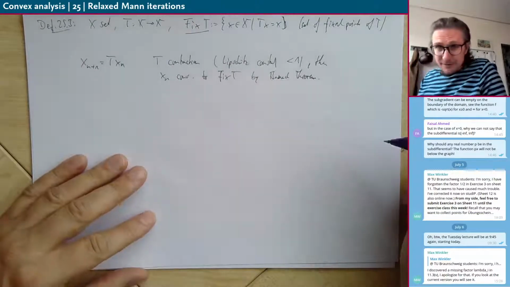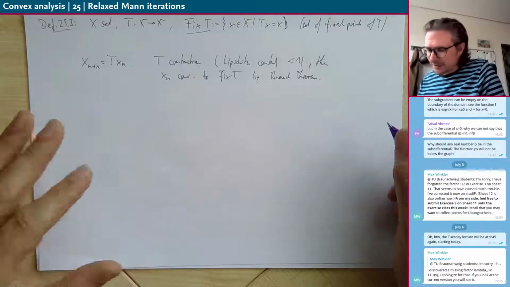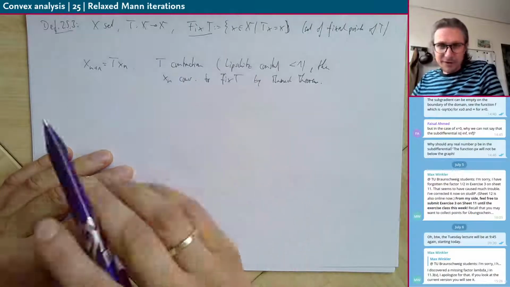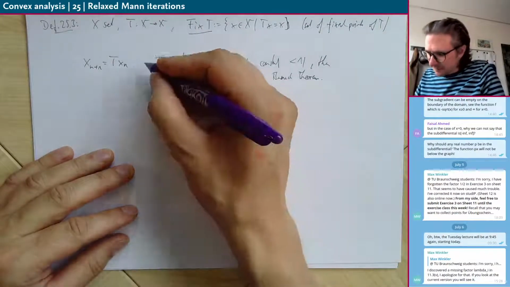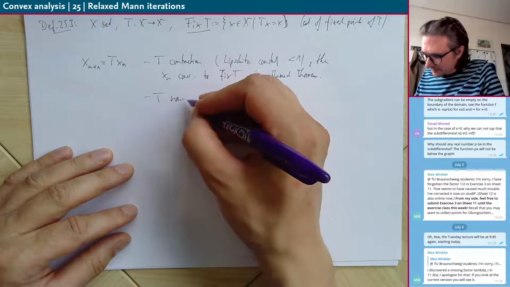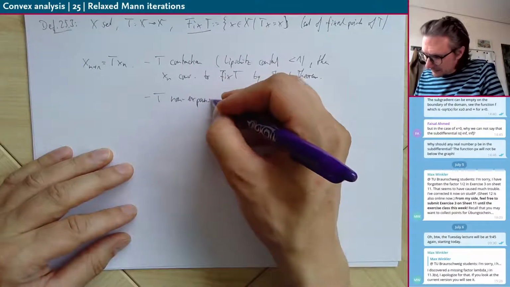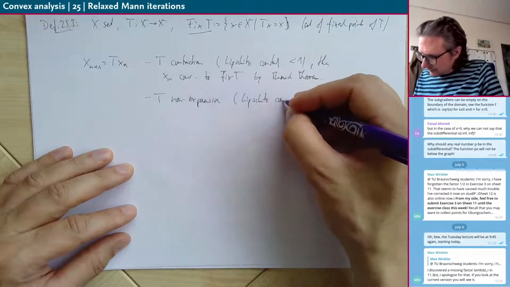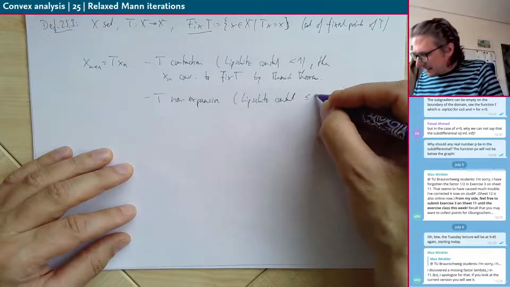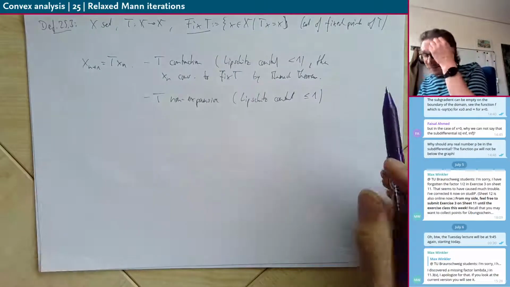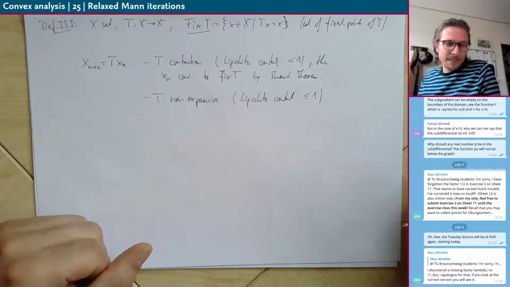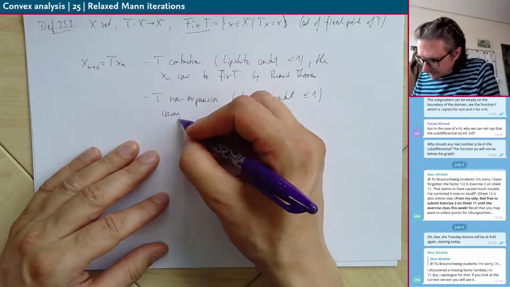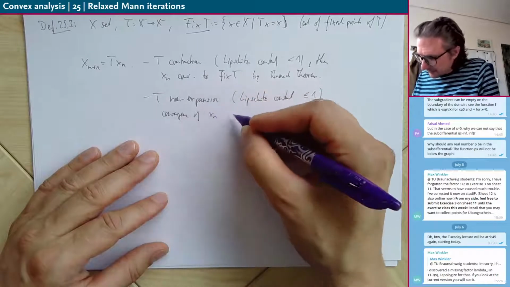But the thing is, in our context here, most of these operators T, which you can construct and will be helpful for algorithms, are not contractions, they are merely non-expansive. So if T is non-expansive, so Lipschitz constant, well, technically smaller or equal to 1, but of course the interesting thing is if it's equal to 1, then convergence of x_n is not true in general.